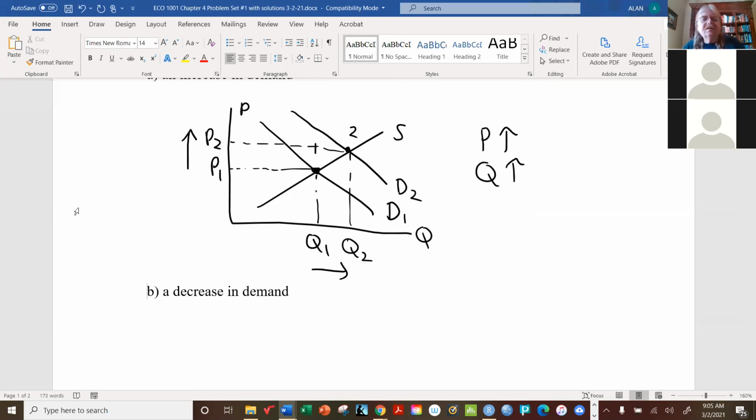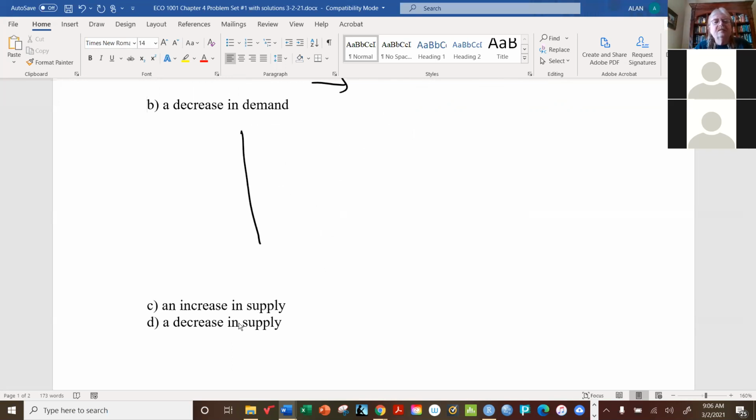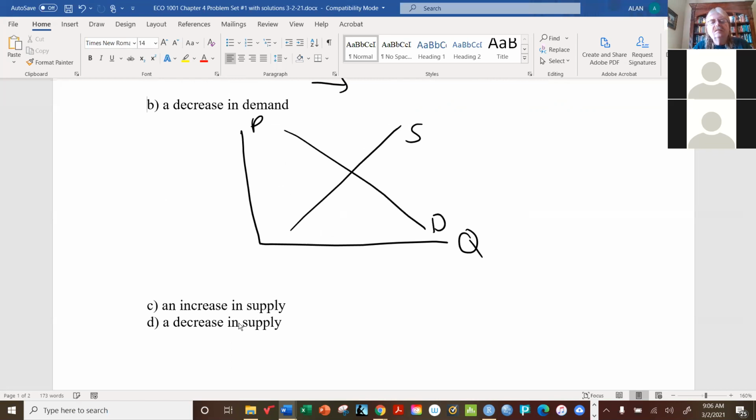All right, so let's see what a decrease in demand would then look like. Okay, so just shift everything to the left, or shift the demand curve to the left. But I'm sure you can already predict what's going to happen. It's just the reverse. So we started here.